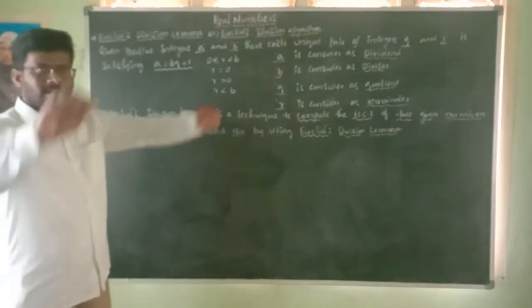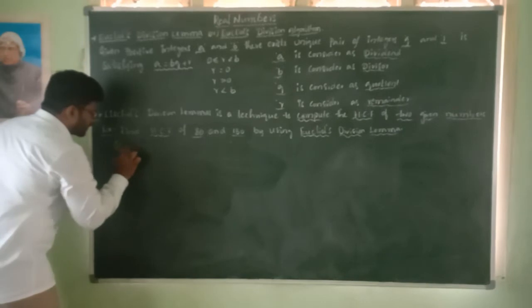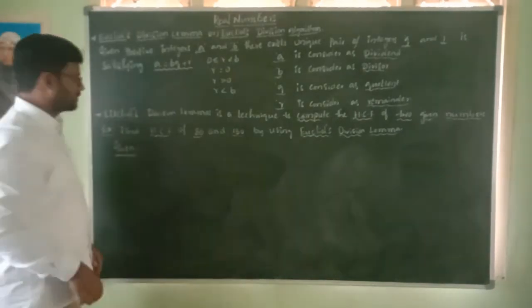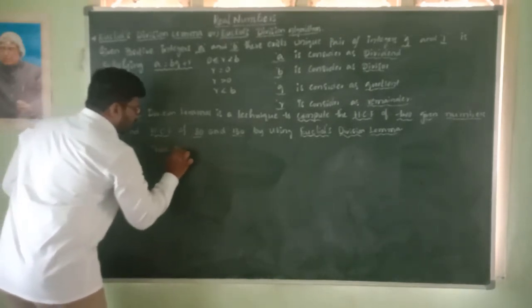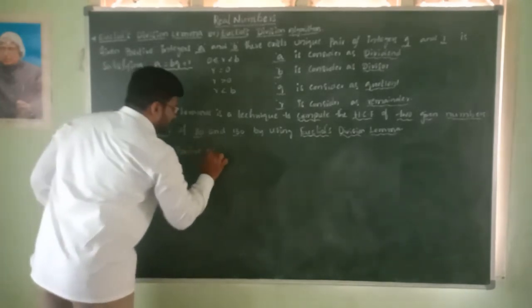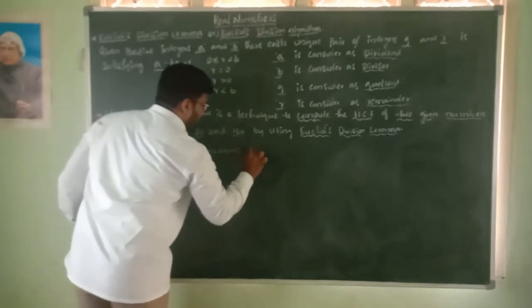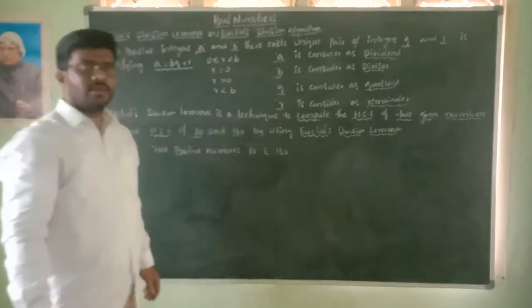Okay, children, let's do it. First of all, you write what is given in the question. Given two positive numbers or integers, 80 and 130.